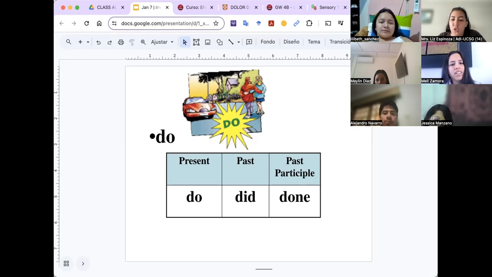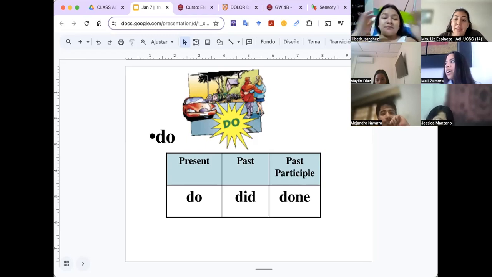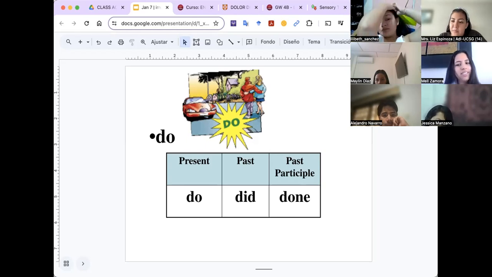We have do, does. In this case, in past tense, we're going to use did in questions and didn't in negatives. And then done for present perfect or past perfect.